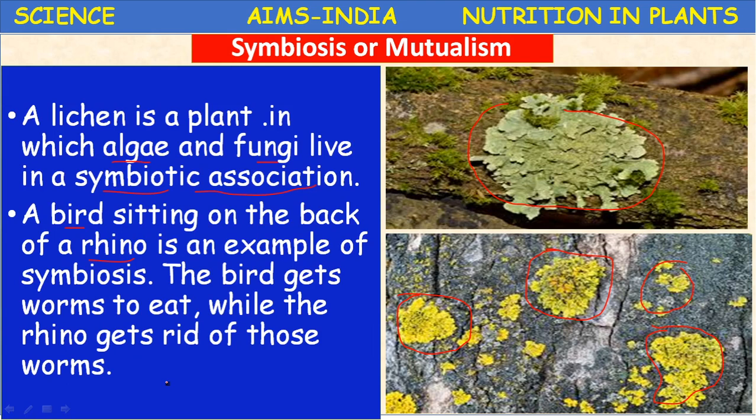Okay. Another example for symbiosis: you can take digestion, nutrition in the ruminants. Ruminants means animals like the cow. There are certain flagellated protozoans and some bacteria present in the intestine or the stomach of those animals.